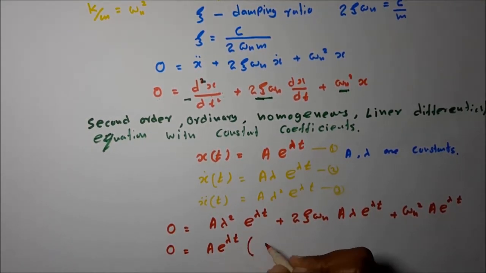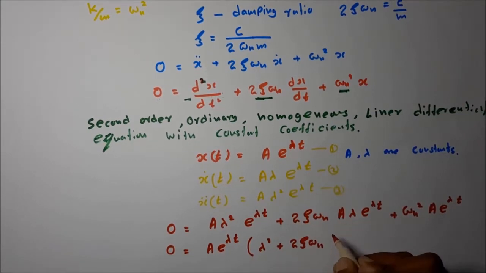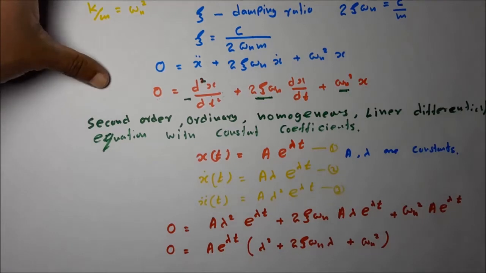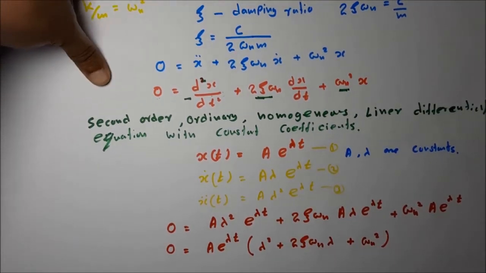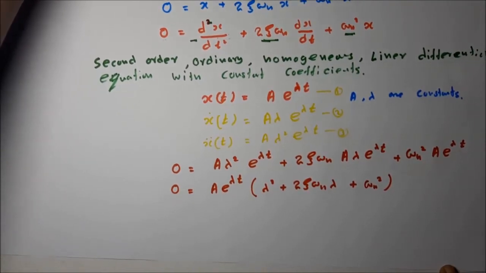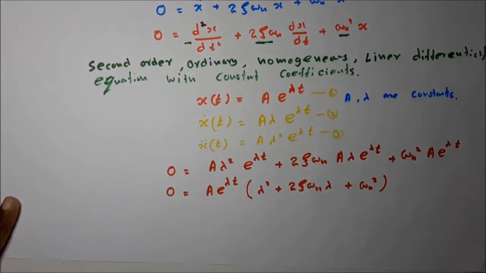Then what remains here is lambda square plus 2 zeta omega n into lambda plus omega n square. Here you can see the multiplication of two terms becomes 0.